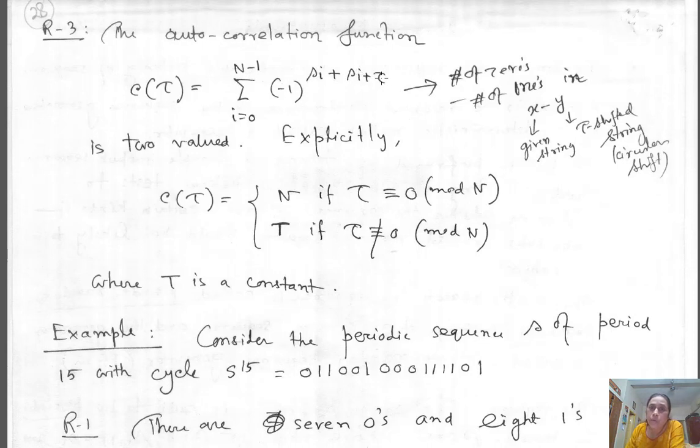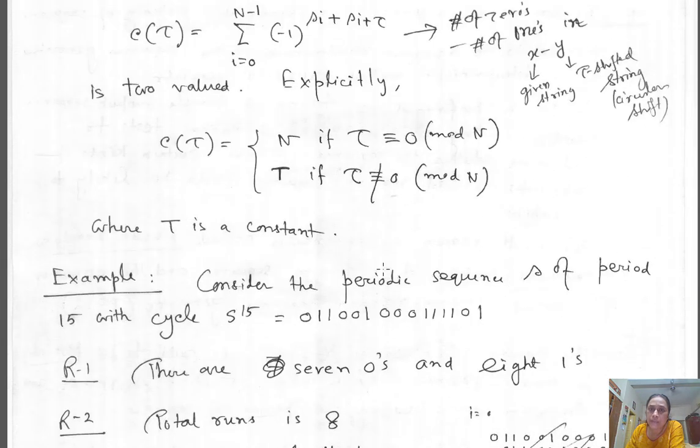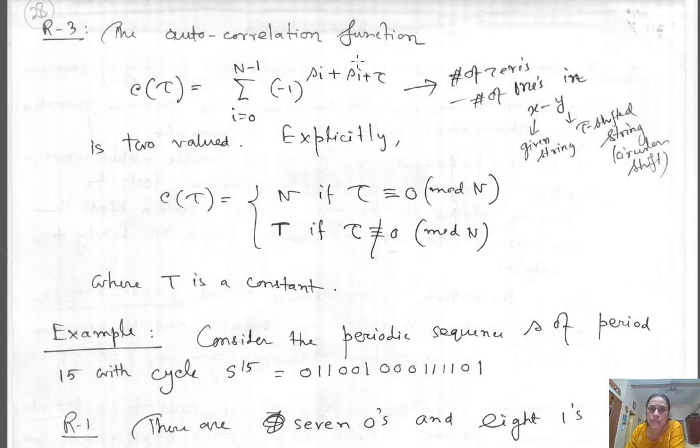Tau can be 1, 2, 3, like that. Tau can be n, but Si plus n is actually Si. So tau can be up to n minus 1. After that, it will repeat.